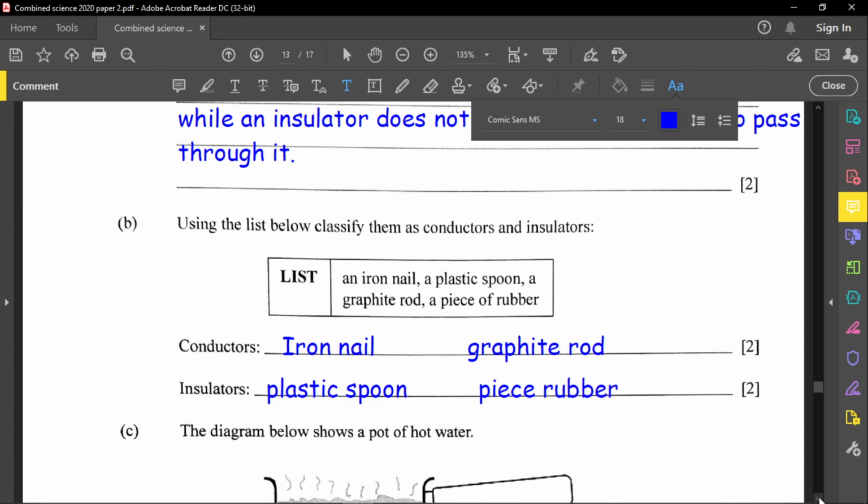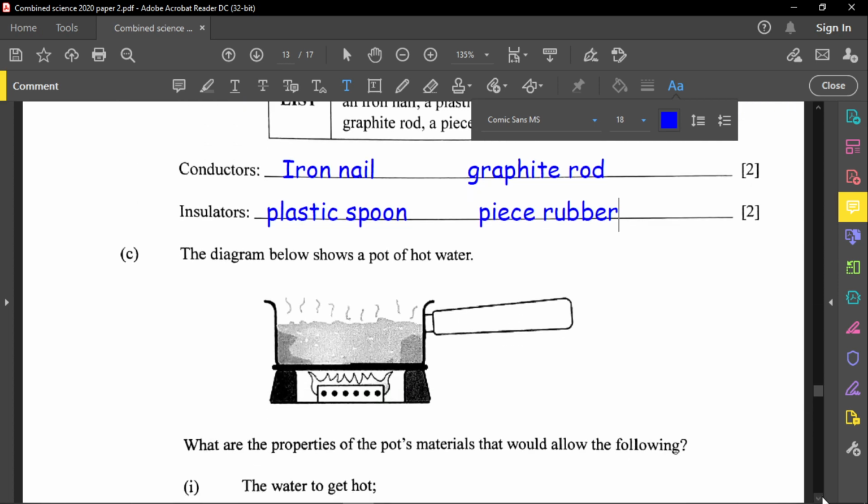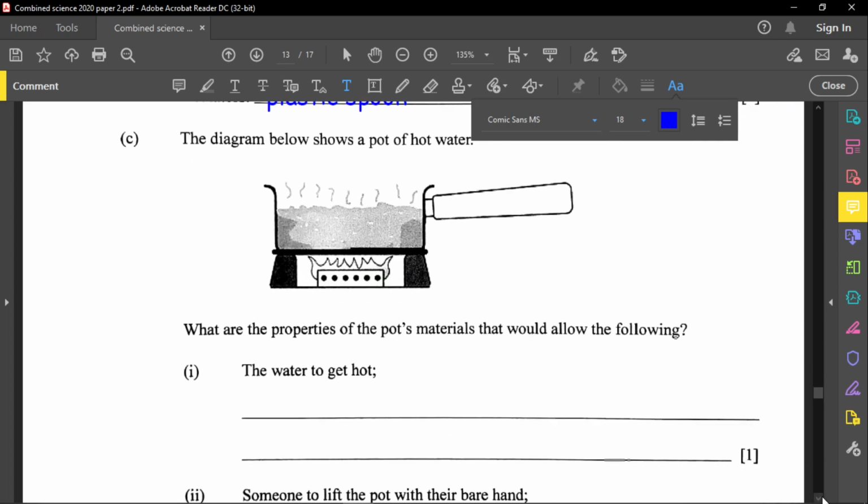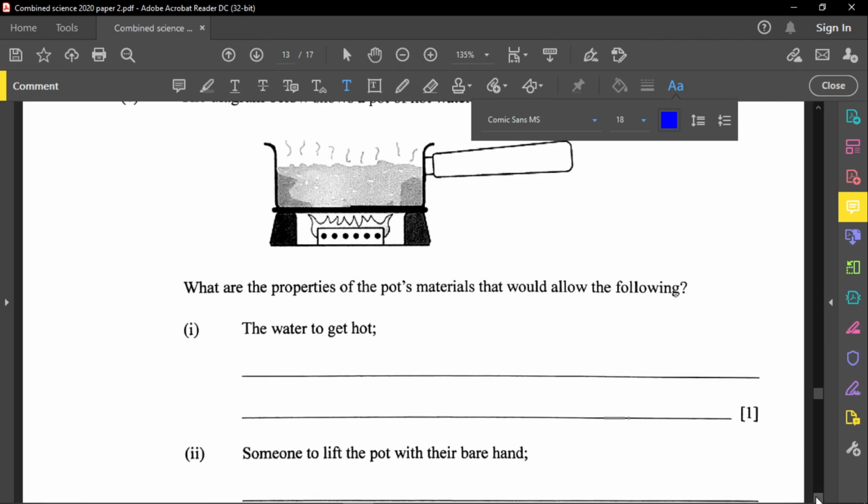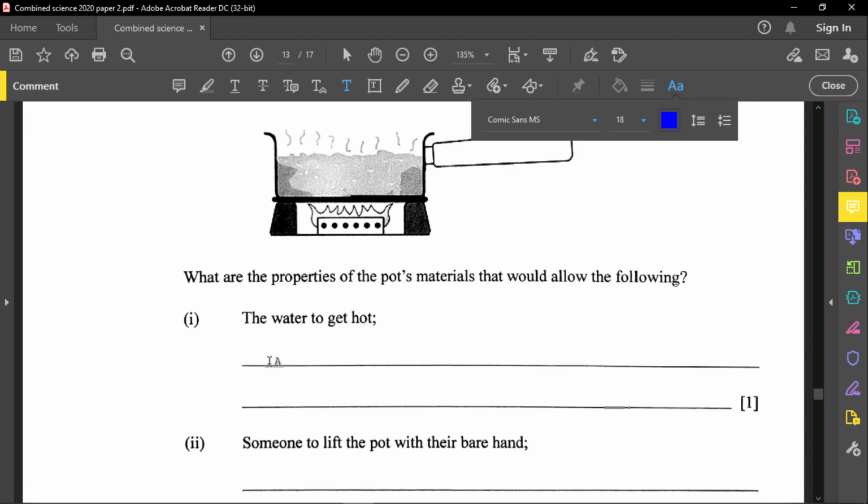Now for part C, it said the diagram below shows a pot of hot water. It asks what are the properties of the pot's material that would allow the following: water to get hot. The property there is because the metal part is a conductor. So I'm going to say right here is a conductor, and we're talking about the metal part, just to make a mention of that.